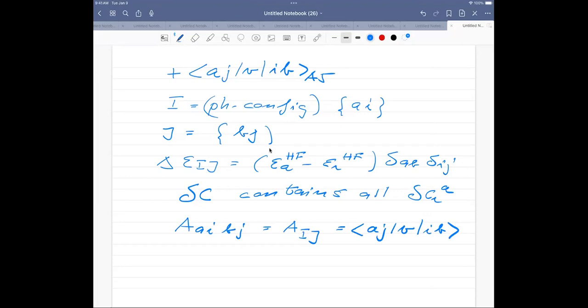And if you look at the diagram, what we have is a particle-hole configuration, where we have AI here, and then we have JB. So this will refer to the label I, and this will refer to the label J. It's common to rewrite this matrix element in a kind of strange notation.